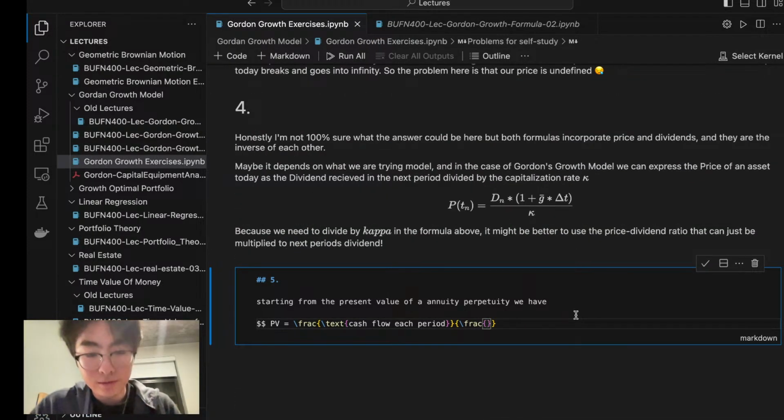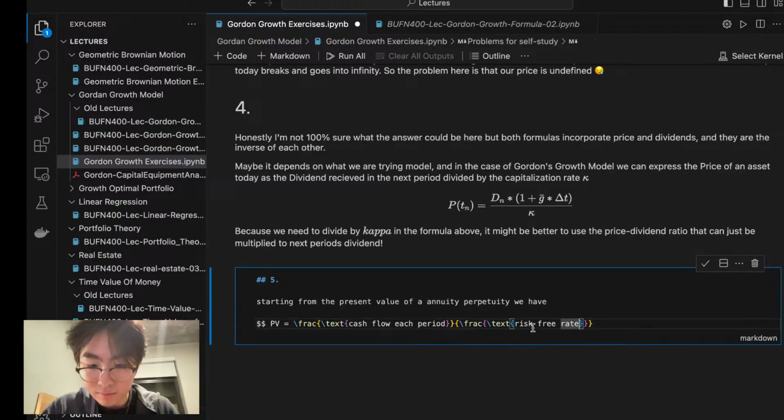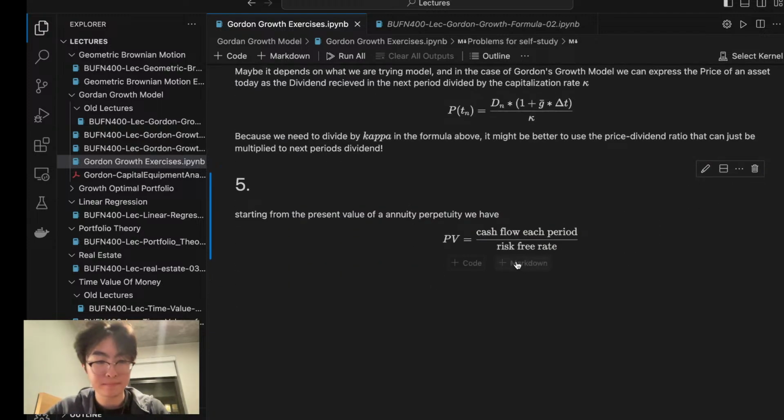Cash flow divided by risk-free rate. Ooh, that might have been the problem. Okay.